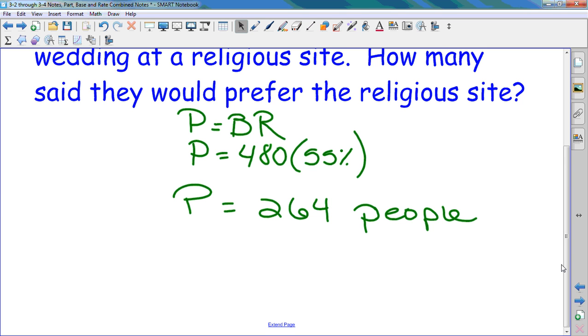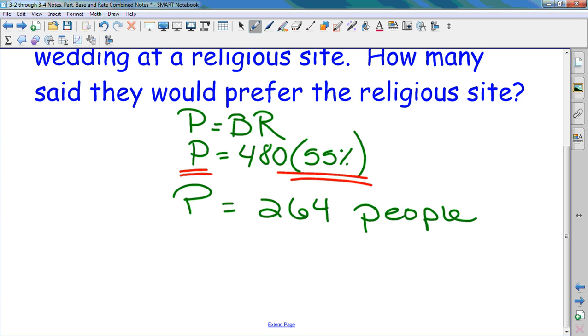Now, something that you need to make sure you're aware of at all times when you're trying to solve these word problems. This part and this rate always have to be talking about the same thing.